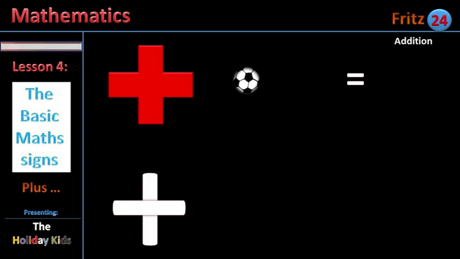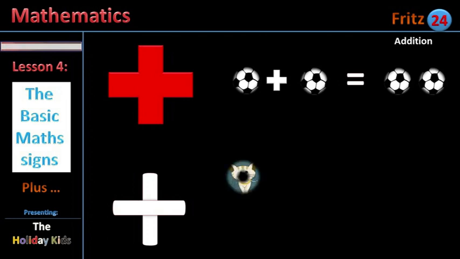Let us take an example. We have one ball plus one ball, and the result is two balls, as you can see. Another example, one cat plus two cats.